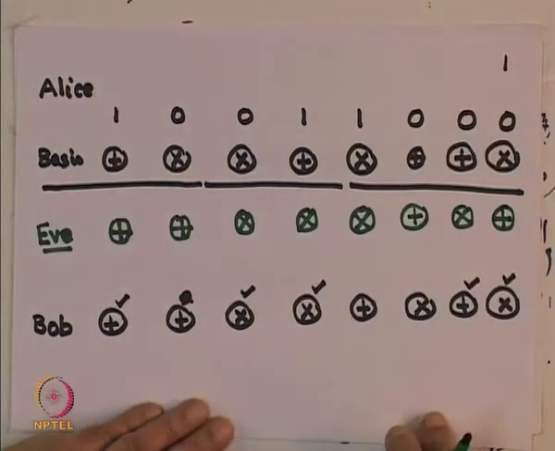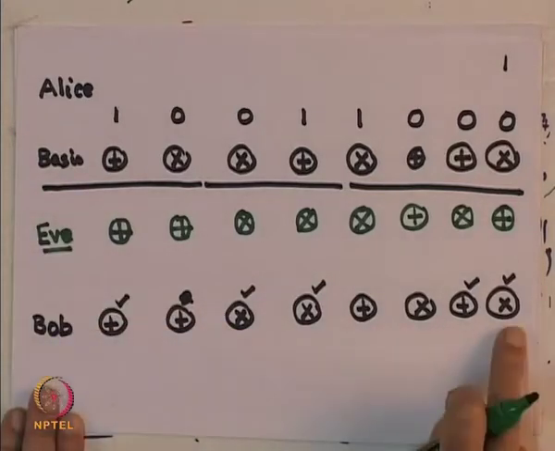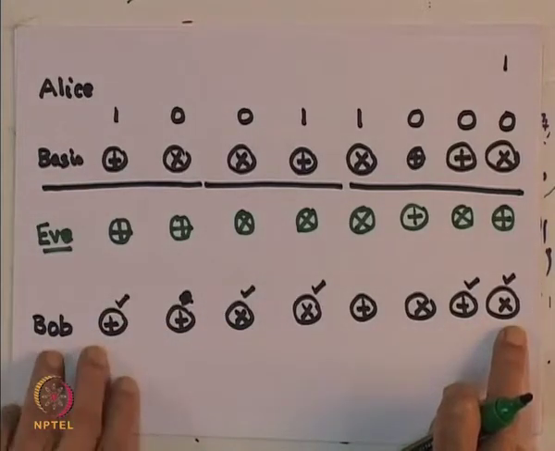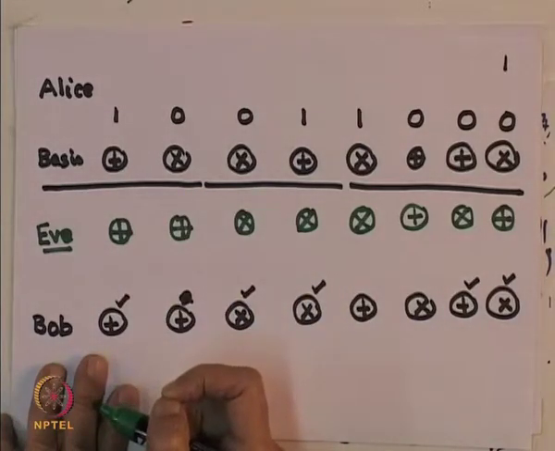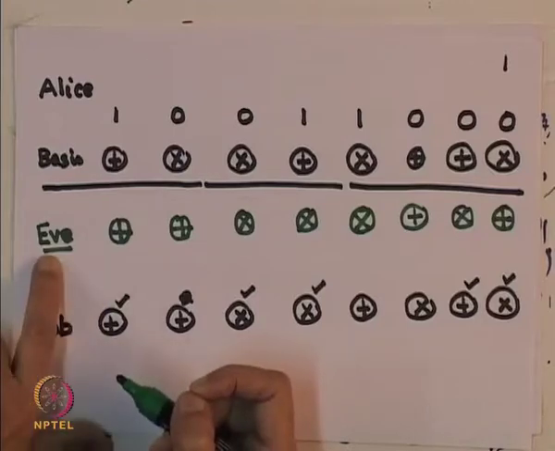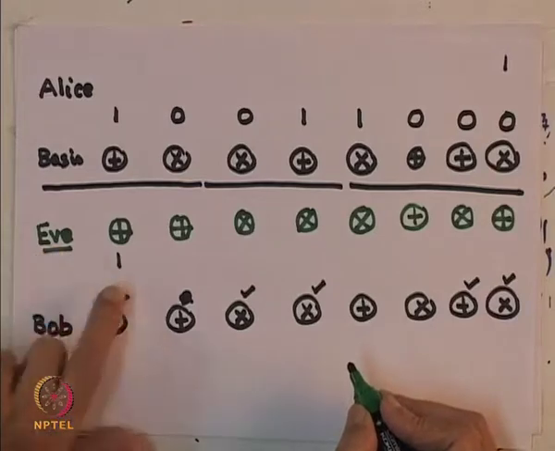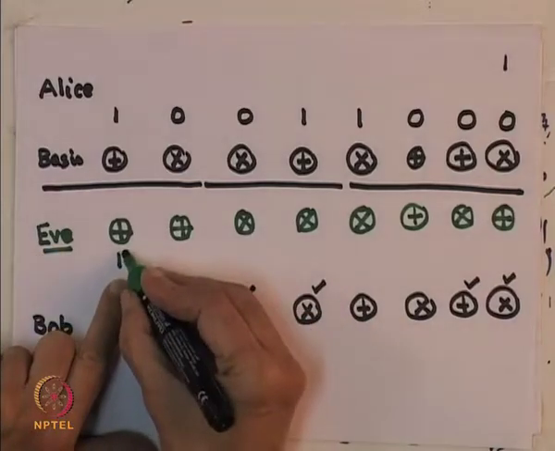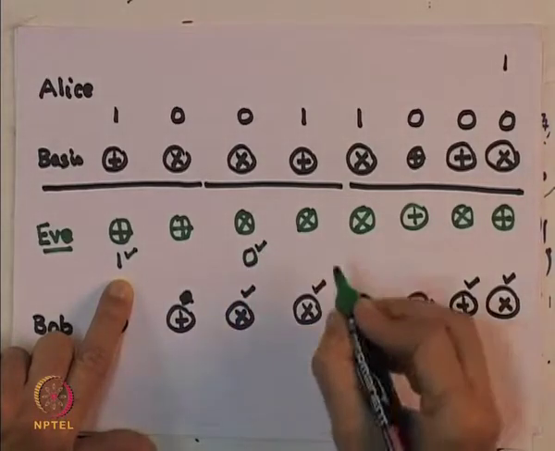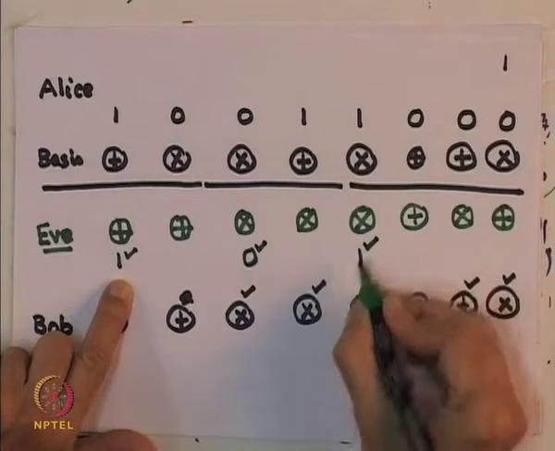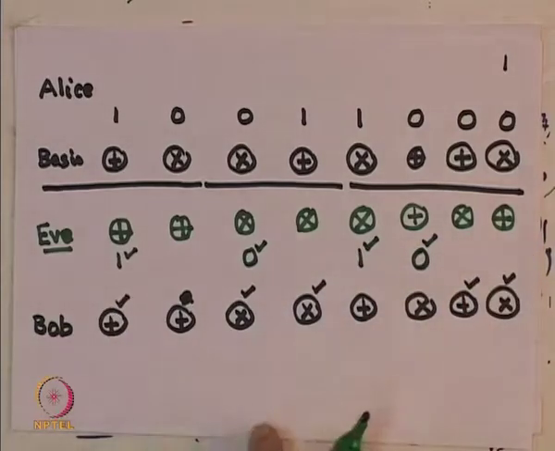Now let us look at what happens here. At this stage, before the bit reaches Bob, if Alice and Eve's bases agree, then the bit received by Eve would be the same as that sent by Alice. So this bit will agree, and here this bit will also agree, this bit will agree, this will agree, and these will have no agreement.